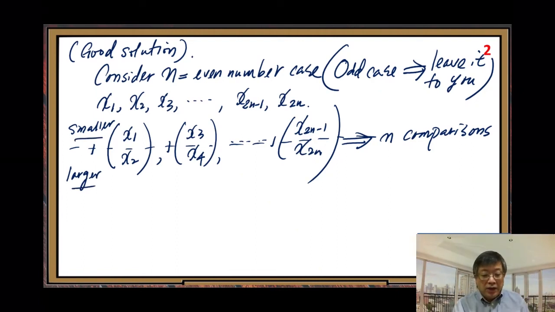Now think about that. Basically, we get two groups of elements: the upper group and a lower group. The question is, the upper group contains the minimum.